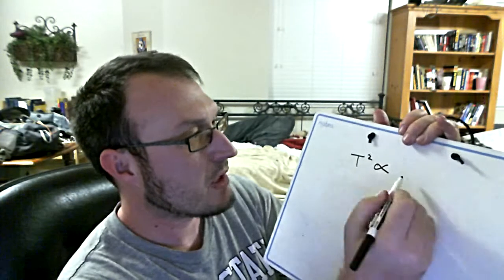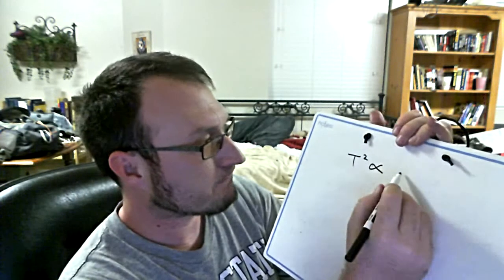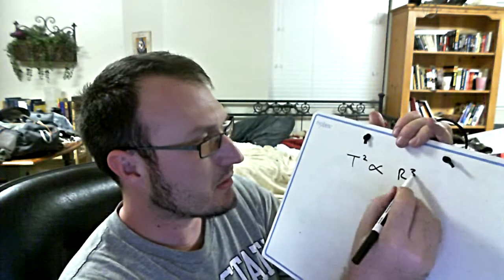So you use Kepler's third law again, and this is the second problem in a row that I've done using Kepler's third law. You remember that the period of the satellite squared is proportional to radius cubed.